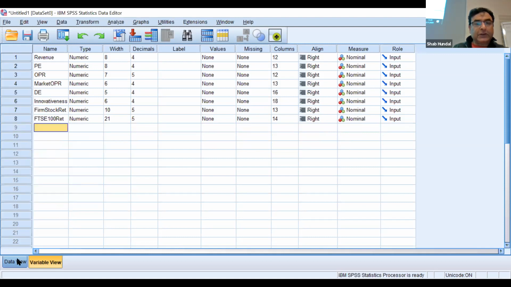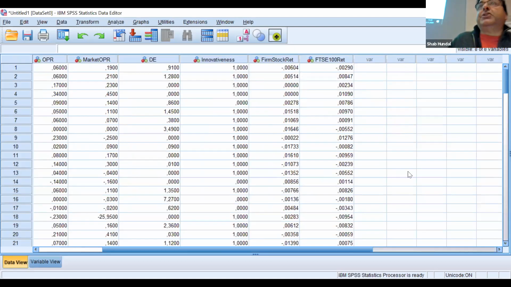So let's start from very basics. We have the variables now. Now imagine we study the literature review, and we find that the company's firm return depends on some factors. I hope if you know a little bit of regression, you find that there's a cause and effect relationship.